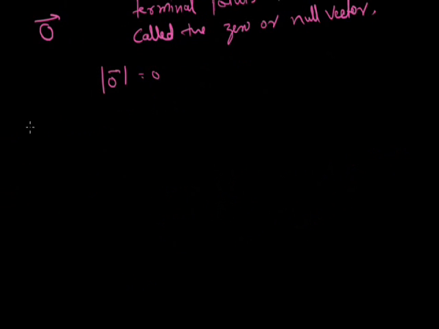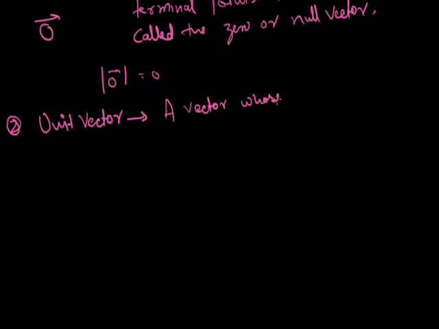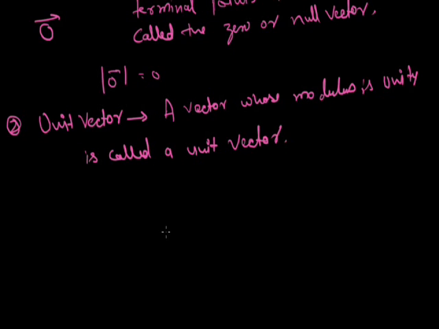The second one is the unit vector. A vector whose modulus is unity is called a unit vector. Suppose we consider the vector a.